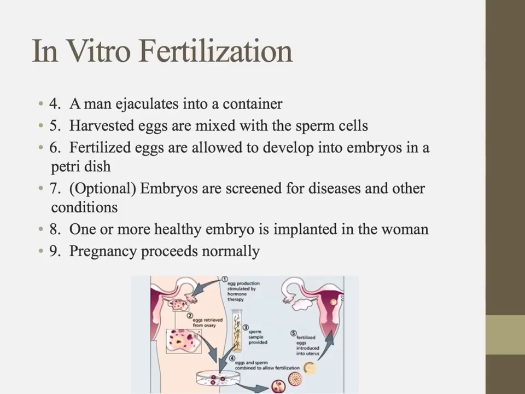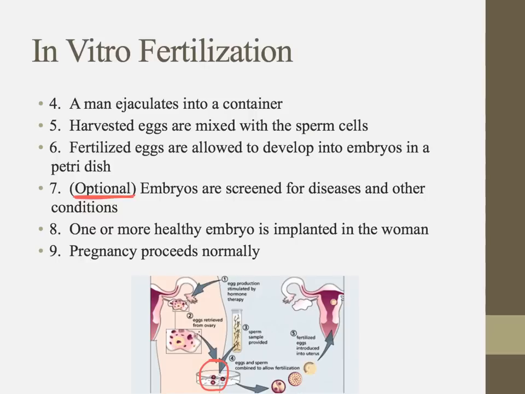Okay, once they have the egg, they have to get the sperm. So a man is going to ejaculate into a container, and we're going to mix that sperm with the eggs that we harvested. We're going to allow those embryos to develop in a petri dish. We allow that zygote to multiply until it's a ball of about 100 cells. One of the things we can do, and it's optional, is screen all of those embryos for diseases, conditions, or even gender.